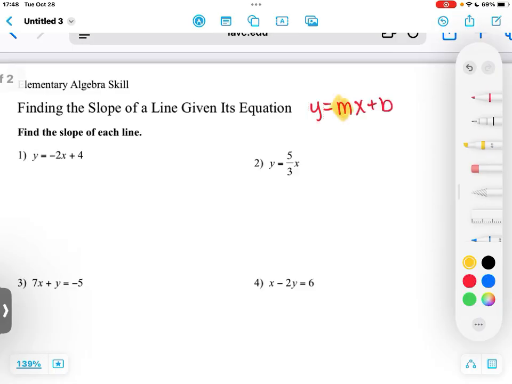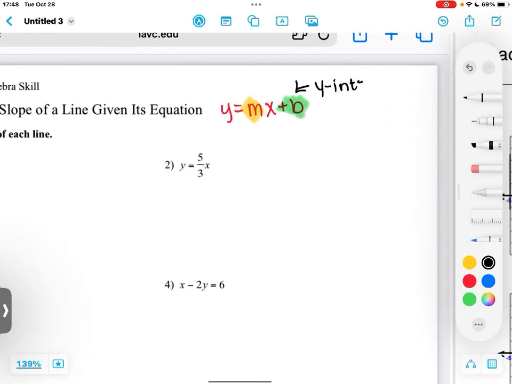Just like before, m will be used to represent our slope, but now we also have this b character. B is going to represent what's called your y-intercept, which is just where your line crosses your y-axis. That is all your b represents.